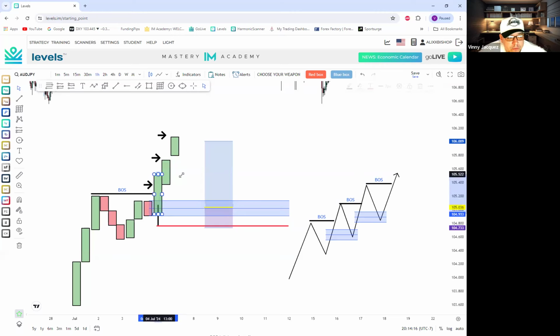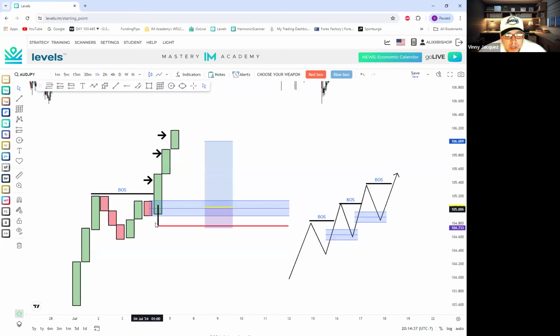So a nice move like that, and then this would be considered an order block. But not every starting point is an order block. A starting point could be an order block, but I don't want to say that every starting point is an order block, right? So you're going to definitely have to do your smart money research.